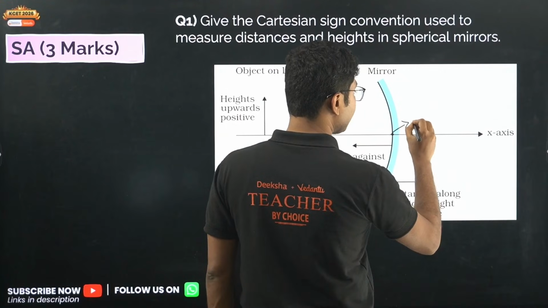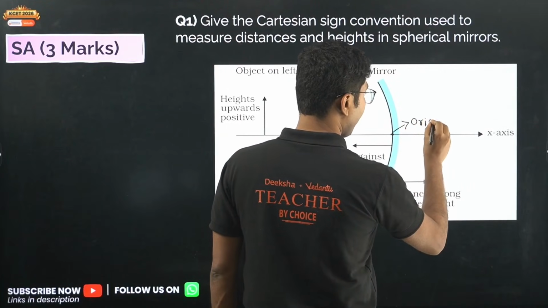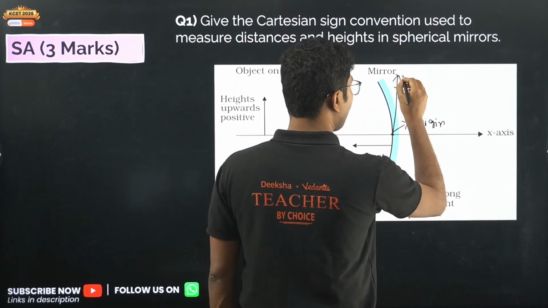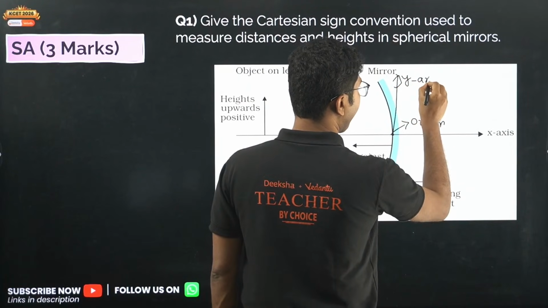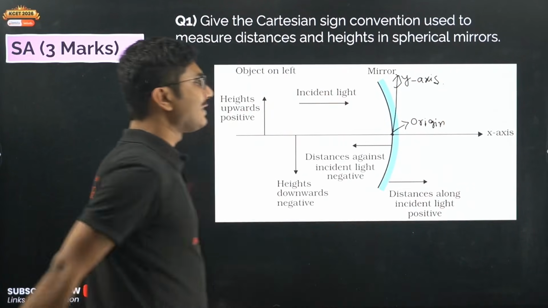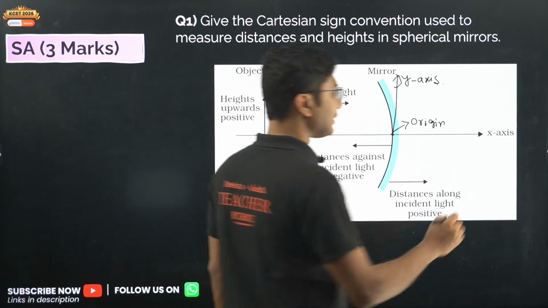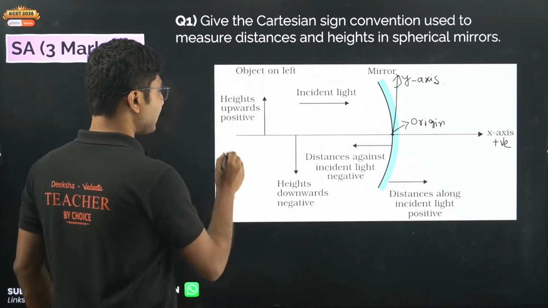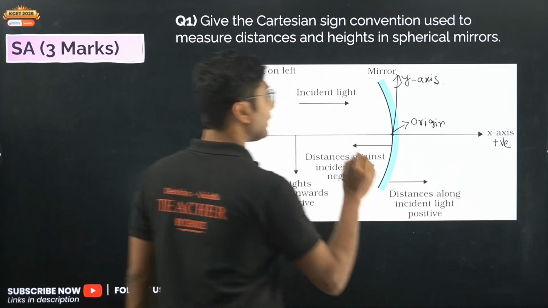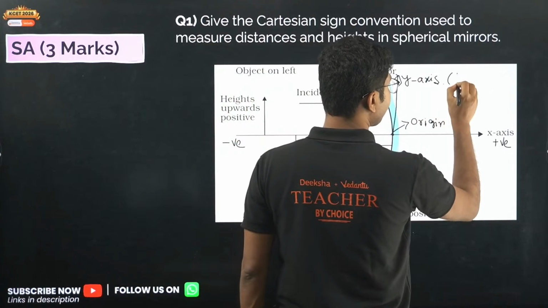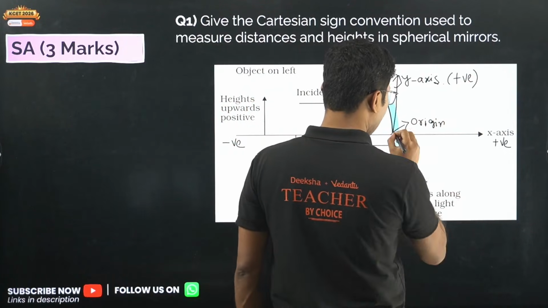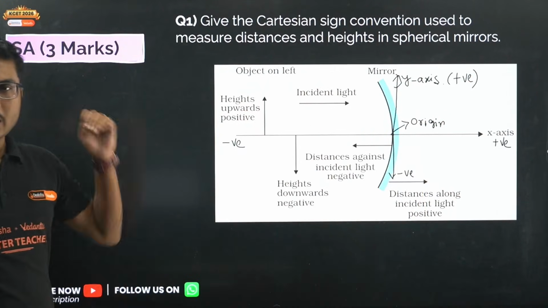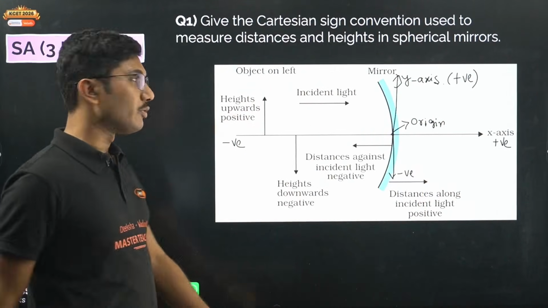You have to mention this as the origin and this as your y-axis. Anything along the positive y-axis is positive, and anything along the negative y-axis is negative. You have to mention this along with the diagram, then you will get full marks.